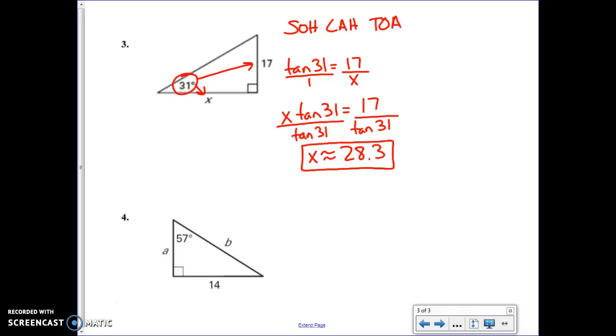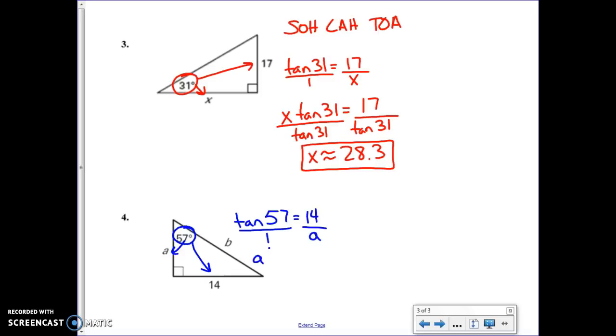Okay, let's try another one. So I'm going to start with 57, A, and I need a number there, so I can't use A and B at the same time. So A is adjacent, and then 14 is opposite. So I have adjacent and opposite, and the one that uses adjacent and opposite, again, is tangent. So tangent of the angle is equal to opposite, 14, over adjacent, A. I'm going to put it over 1, and I'm going to cross multiply again.